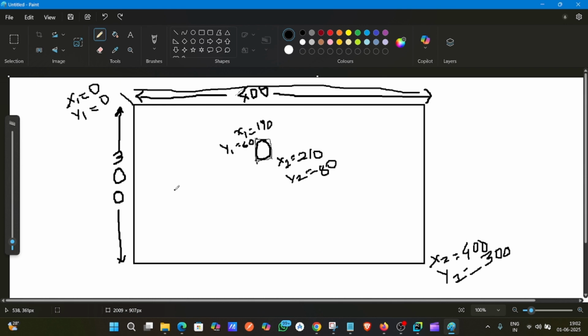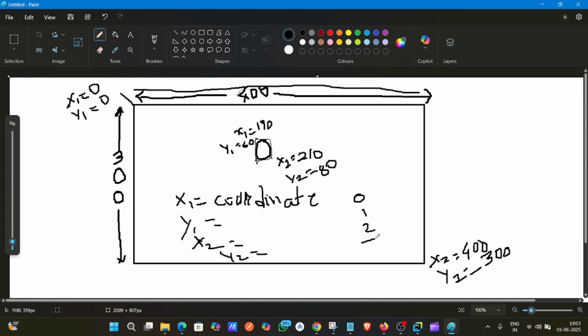In Python, in graphics programming, x1 is called coordinate 0. y1 is coordinate 1. x2 is called coordinate 2. And y2 is referred to as coordinate 3. Remember this. This is very important for our future logic.